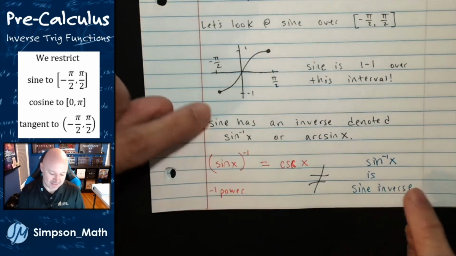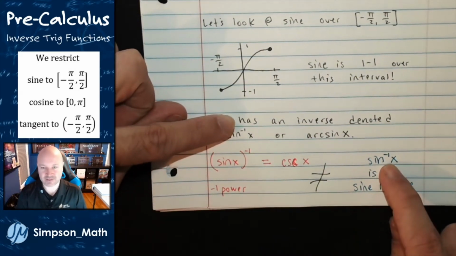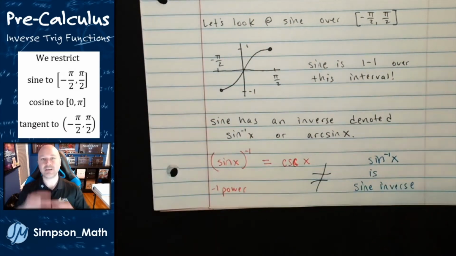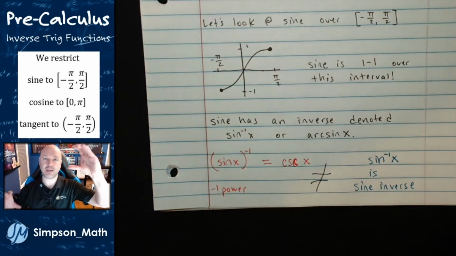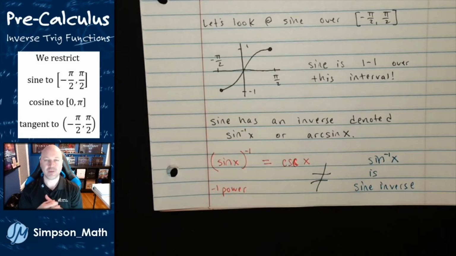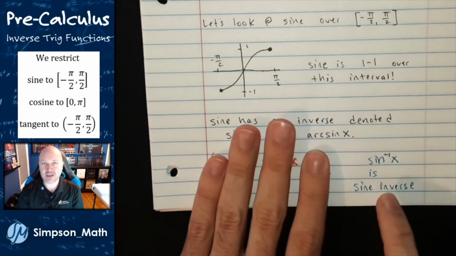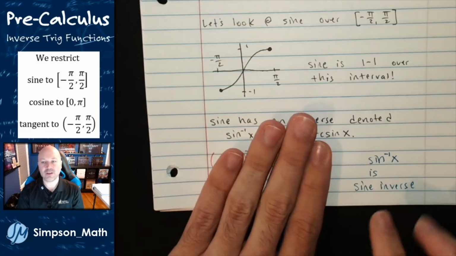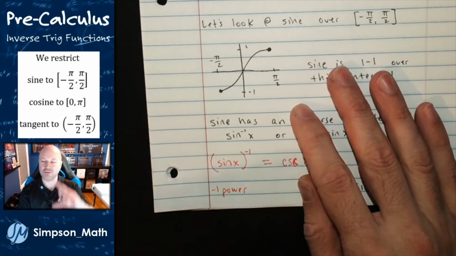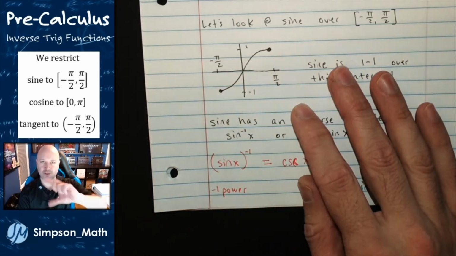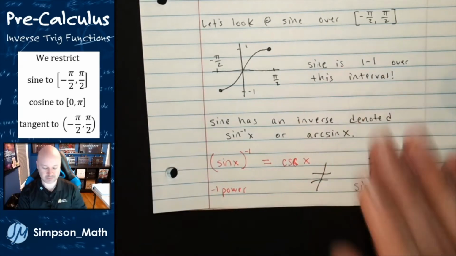Here we're talking about sine inverse of x. This is completely different. Instead of reciprocating, we're now talking about inputs and outputs being changed completely. It has that kind of swap feel to it, but arc sine and inverse sine is you're interchanging inputs and outputs. Reciprocal of sine is you just take your output and you put it under a 1, or you reciprocate it.